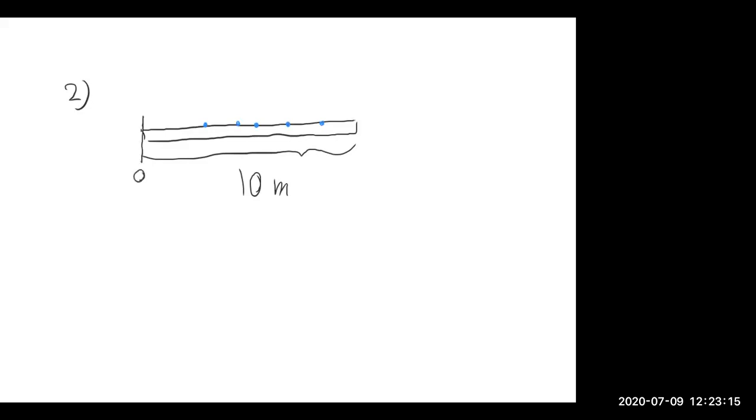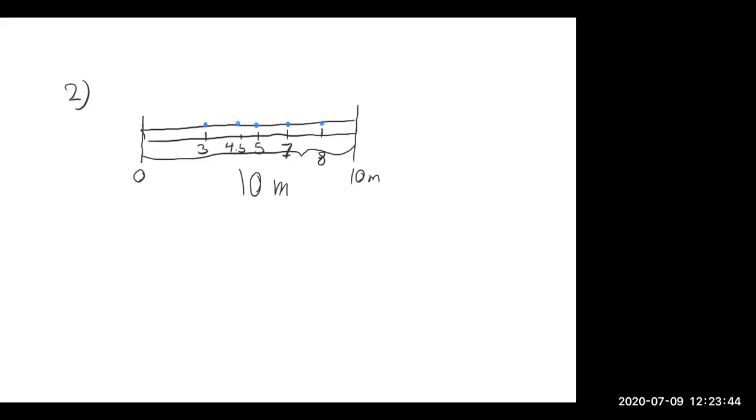This is the point 0. Here it's 10 meters. Say here is 5, here is 4.5, here's 3, this point here is 7, this point here is 8. Okay, I just marked some points on this wooden stick. And these blue points are ants.